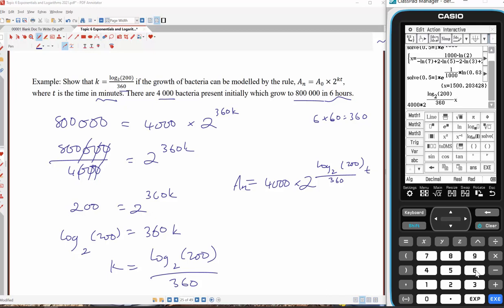Alright, now we'll put the 6 hours or the 360 minutes in, and what should happen is when we sub for 360 minutes, the bacteria should end up at 800,000. So let's do that, times 360. And there it is, okay? So when we put it in there, it works.